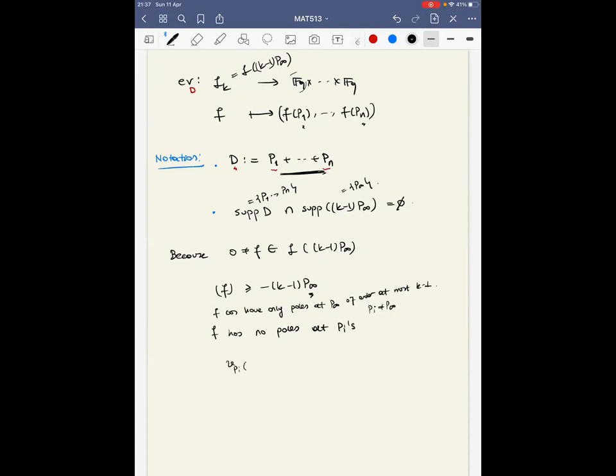So f cannot have poles at the given P_i's, because all P_i's are distinct from P infinity. That means all functions in this Riemann space are in the discrete valuation rings O_{P_i}, so when we evaluate them at P_i, infinity cannot be the case.